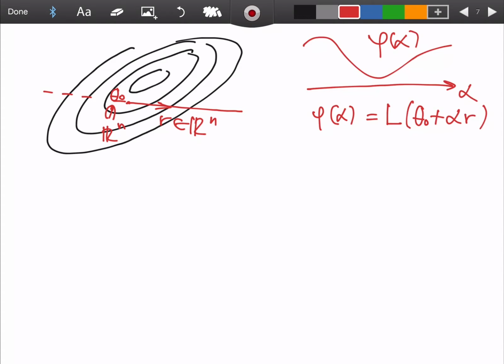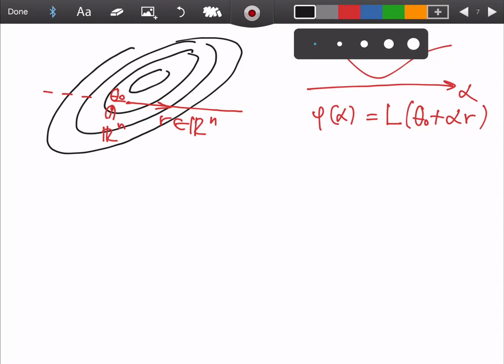So I selected a point and a direction, and I can now section my function in that direction and get a one-dimensional function of a single argument. And I can ask myself how much the value of the original function will change if I make a small step in the direction r. It looks like the definition of a derivative, but it is related to the direction that I selected, and it's called a directional derivative.